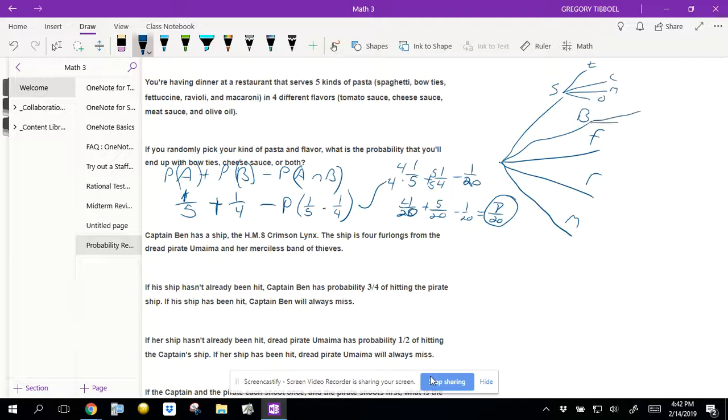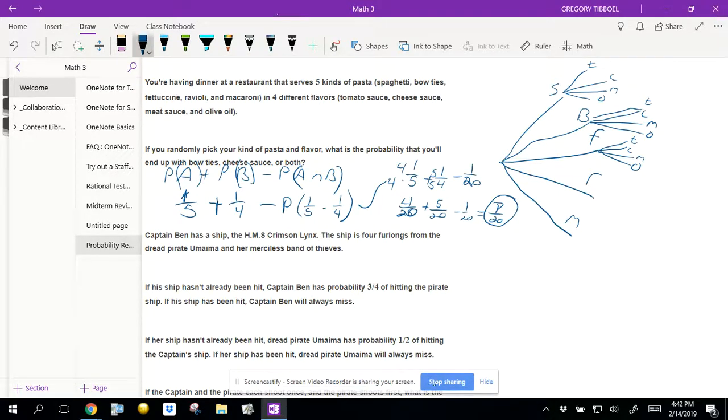So then 1, 2, 3, 4, and we have tomato, cheese, meat, olive, and then we got tomato, cheese, meat. Oh, I did 5. I don't need 5 olive oil. Let's just forget that ever existed.